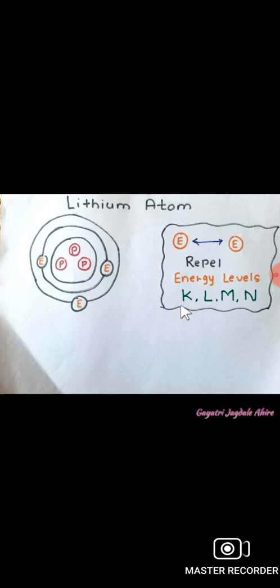Thirdly, we learned that neutrons minimize internal repulsion among the protons in the nucleus. So this was all about the atomic structure of proton, neutron and electron.